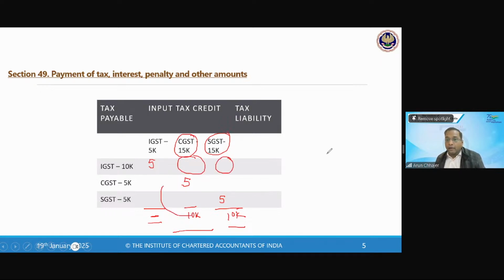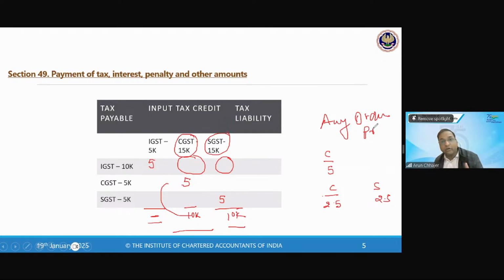Will C give the 5,000 entire, or C or S will give the 2.5, or any order, any proportion? ये बात बहुत इंपॉर्टेंट है. ट्राई टू अंडरस्टैंड किस लाइबिलिटी की डिस्चार्ज की बात कर रहे हैं हम.